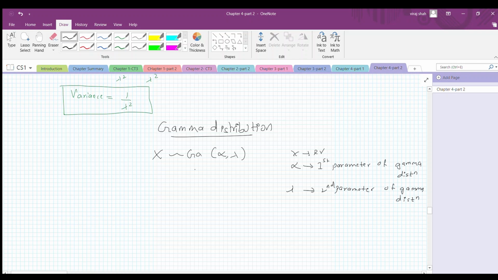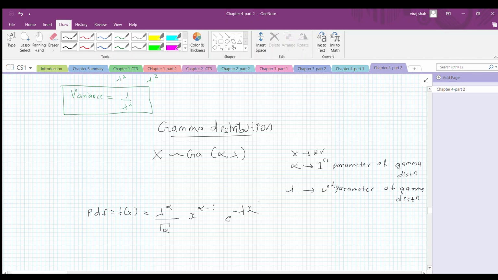Then what did we do? We wrote its PDF, so let us write that now. The PDF, or f of x, is lambda raised to alpha upon gamma of alpha, times x raised to alpha minus 1, times e raised to minus lambda x. This is my PDF.